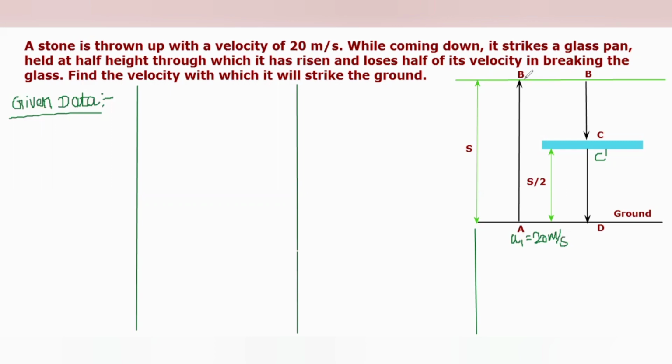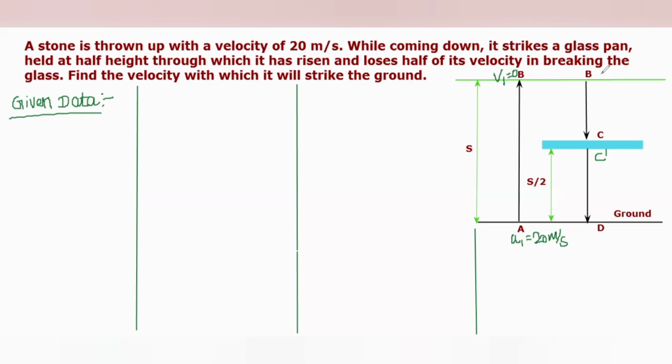At point B, the dead state, the velocity becomes 0, V1 equals 0. In the upward motion A to B, U1 is 20 meters per second, the initial velocity, and at the dead state at point B the final velocity becomes 0. Then the free fall is going to happen.